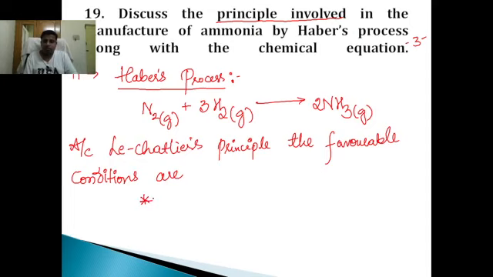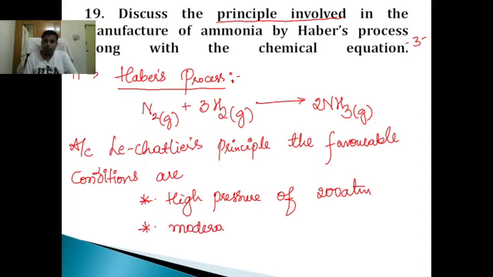One is a very high pressure of 200 atmospheres, a moderate temperature of 700 Kelvin, and then a catalyst.